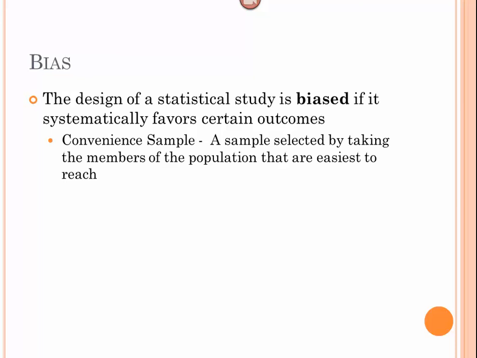For example, maybe we're doing a study on people's political persuasions for the upcoming elections, and we choose, okay, let's go to the mall and do interviews. The problem is that not everybody has an inclination to go to the mall. And so you may get a certain demographic of people that enjoy going to malls, while the people who don't are going to be left out of the survey.